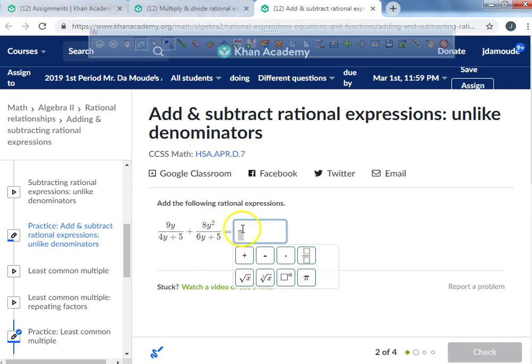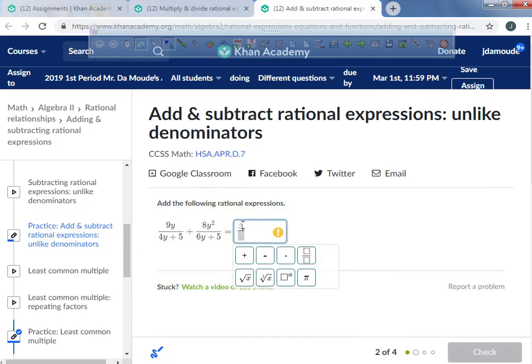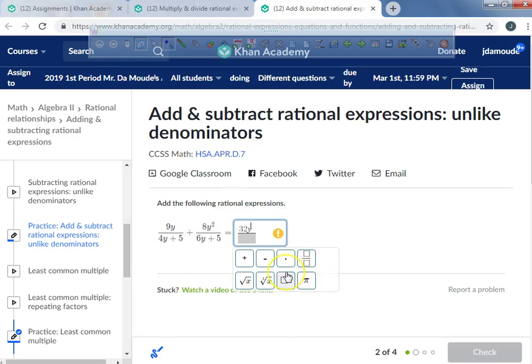All right, so help me out. What's the first number? 32y cubed. Y to the power 3. Okay, and then I'm just going to put open parentheses.